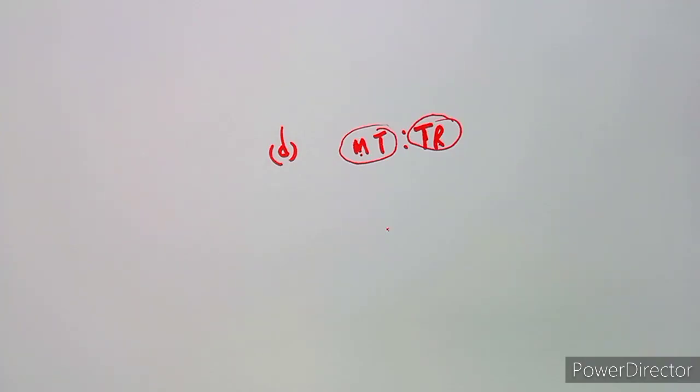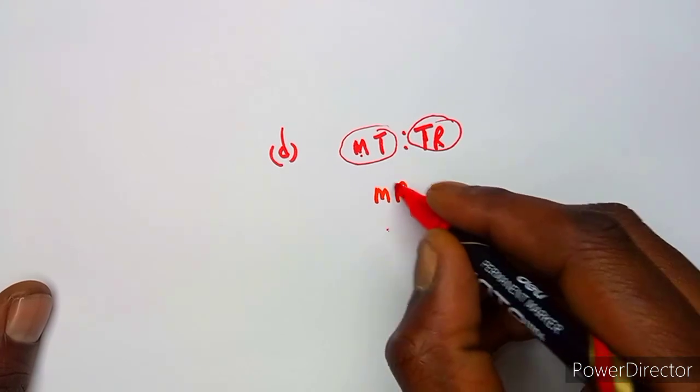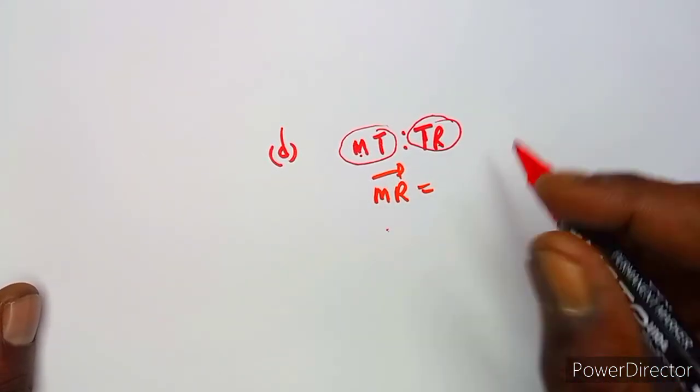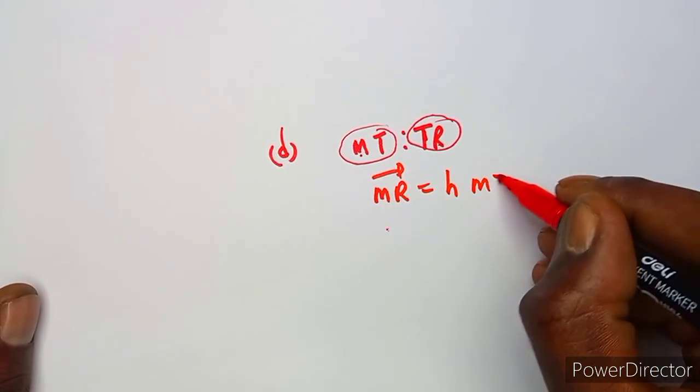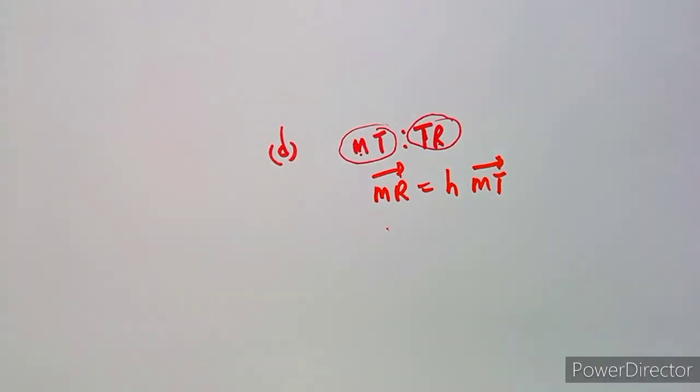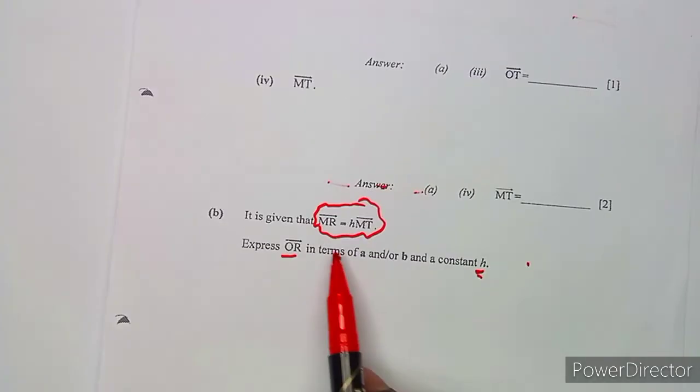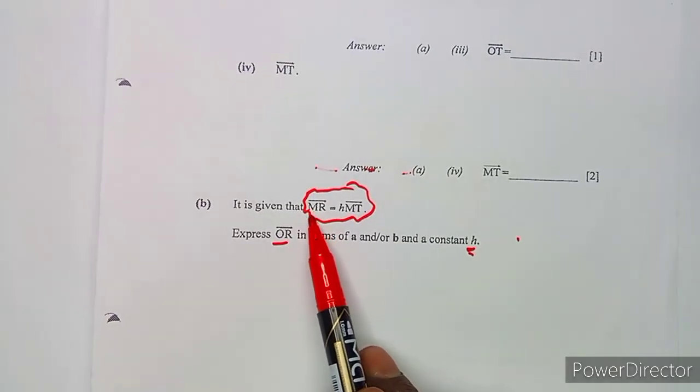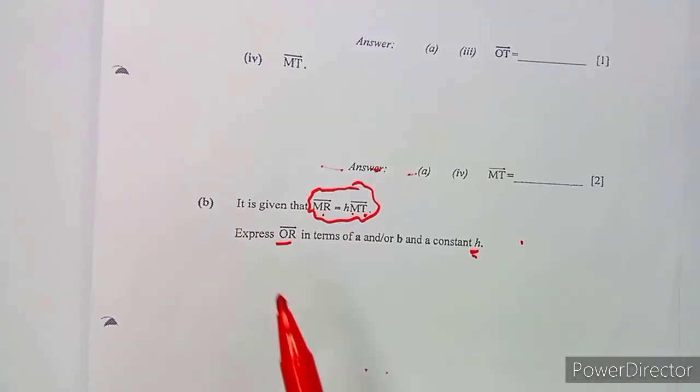Okay, so we are going to see that there is this item where we were given that MR is equal to h MT. If you still remember from the information that we were given, there was this part which was given like this. So there we got MR and MT. So that is how you find out.